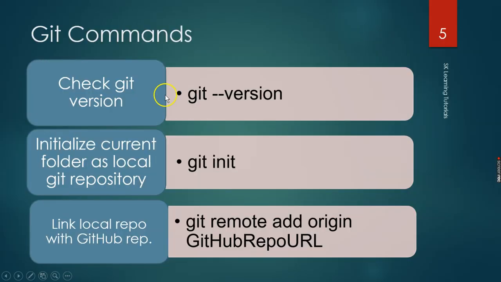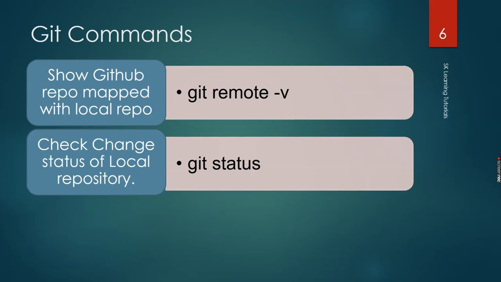As of now, we have looked at three commands which are git version, git init and git remote add origin. Now let's move to the next slide and have a look at the command git remote -v. In case you want to verify which GitHub repository is added to the local Git repository, then you can run the git remote -v command.